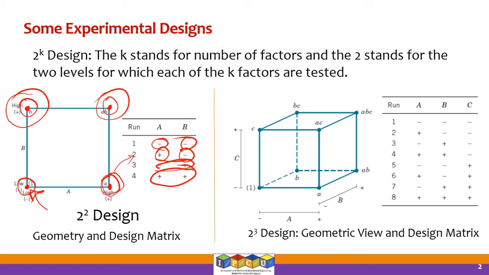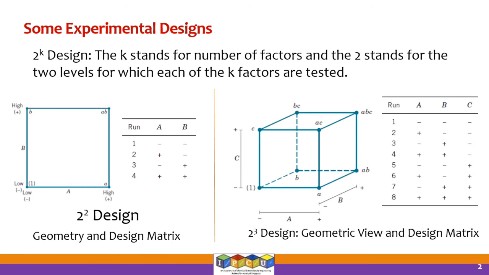And please remember, this is called a standard form. Typically you will see in a standard form that the first column goes minus plus minus plus, and the second column goes minus minus plus plus. This is what is called a standard form, and you have to understand the experiments are not done in this order. The experiments are done randomly.